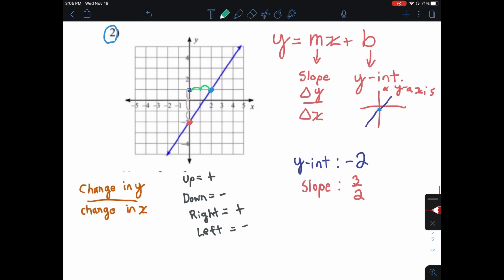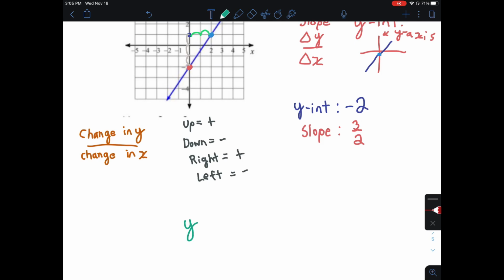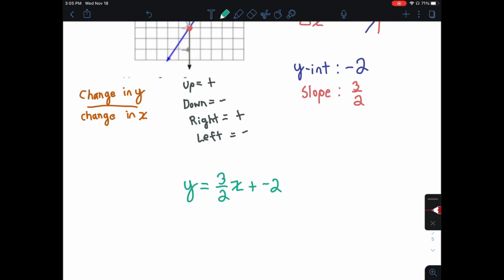The form we need is y equals mx plus b. If we substitute our m and our b into y equals mx plus b, we get y equals 3/2x. Here's something you might get caught on. You might write plus -2.